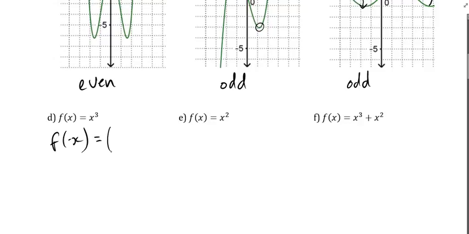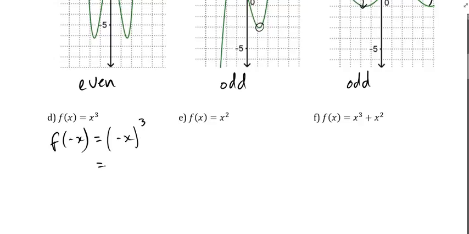It means I take whatever's in the bracket. So imagine this was like a 2. Then I put 2 in here, right? That's what function notation means. If this was a 10, I put 10 in here. If this was an A, I'd put A in here. If this is negative x, I put negative x in here.